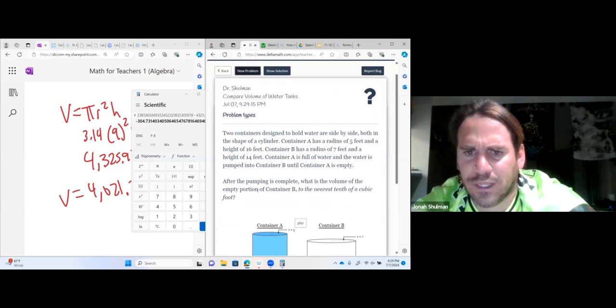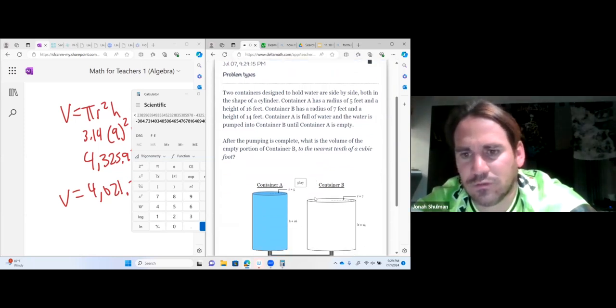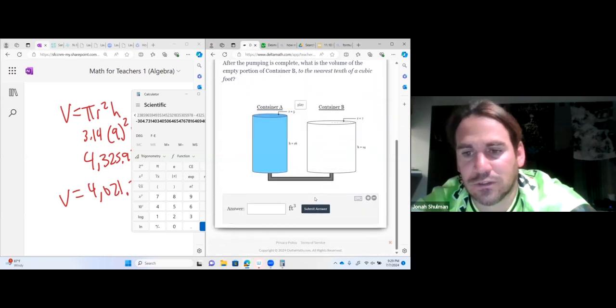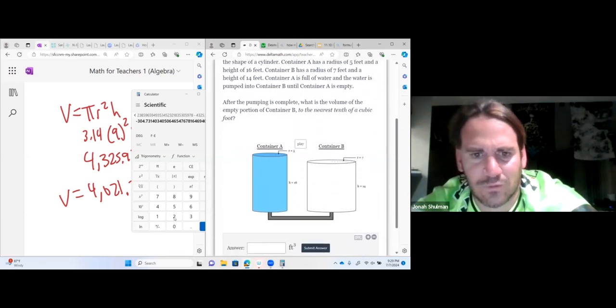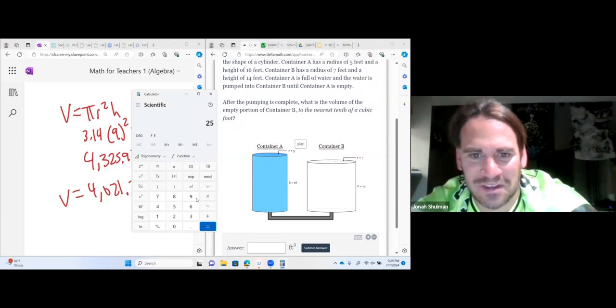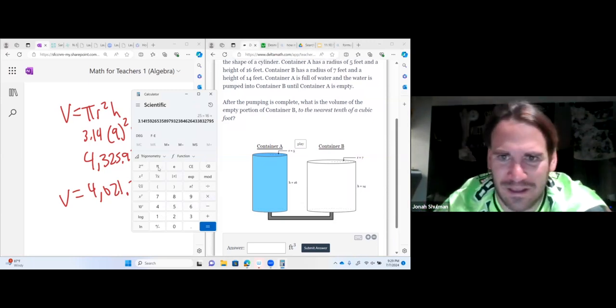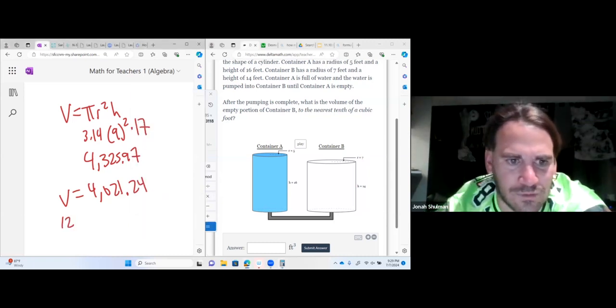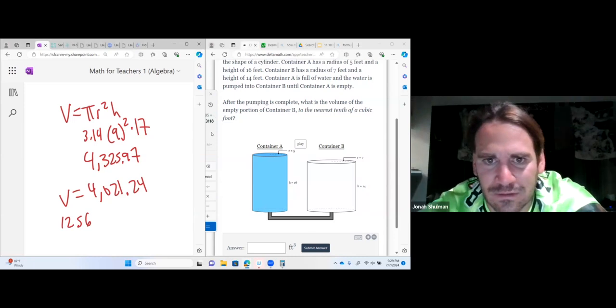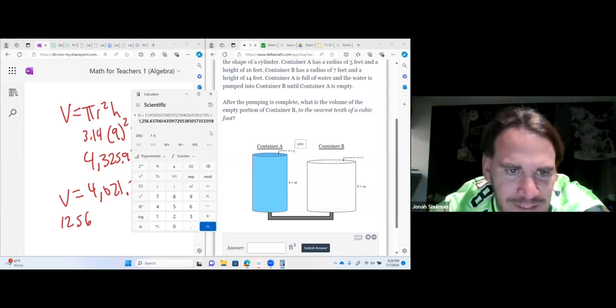What is the volume of the empty proportion of B? All right, so this one we don't have to divide by it at the end, but I'm not going to do it a third time. You can try it yourself. I just got frustrated. Well, I'm still going to do it. 25 times 16 times pi equals 1256.64.